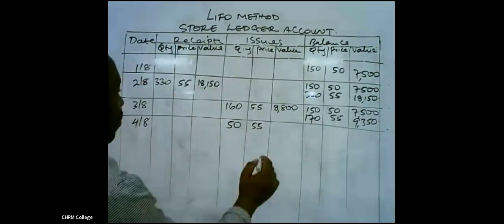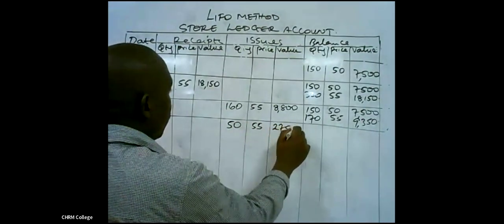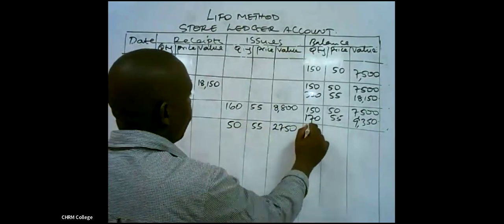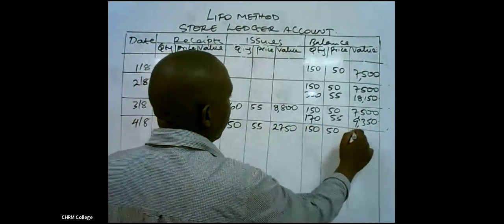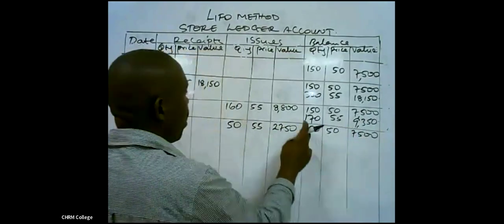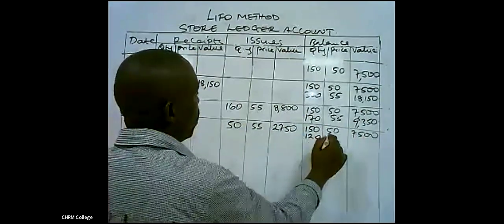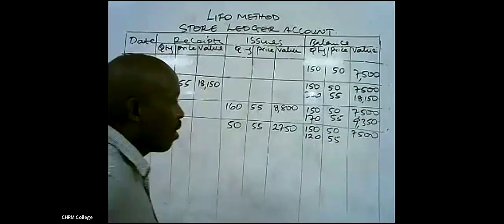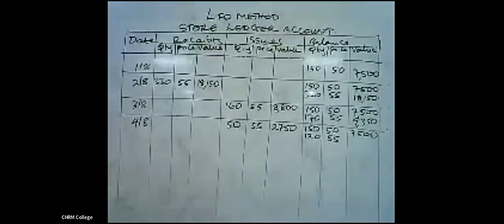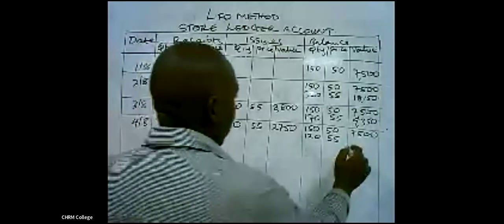You get 2,750. The balance will be 150 at 50, 7,500. After issuing another 50, now we can have a balance of 120 at 55. You get 6,600.